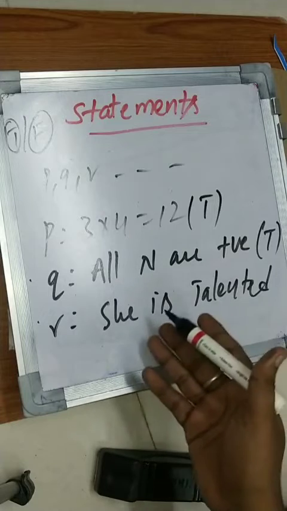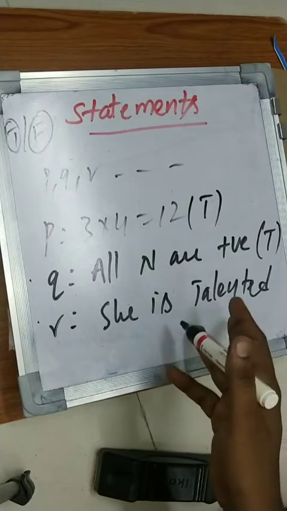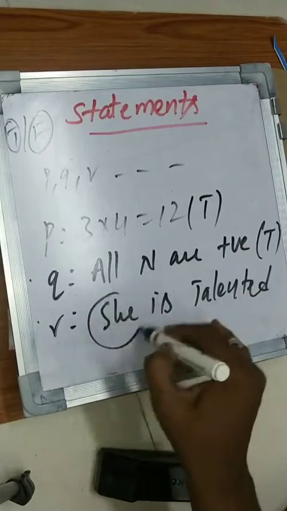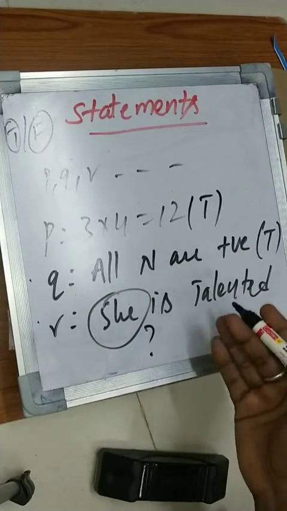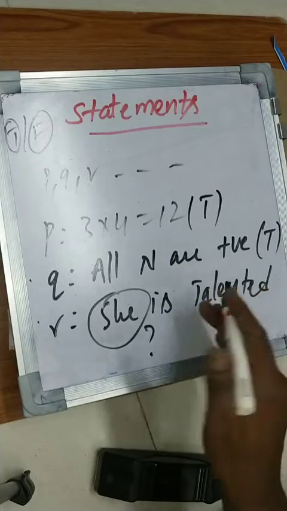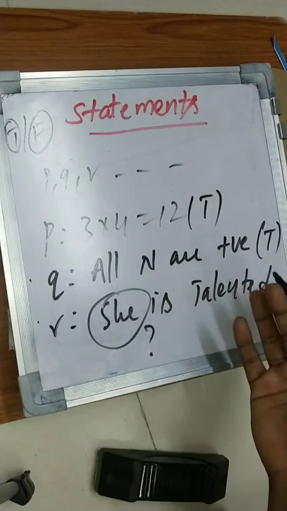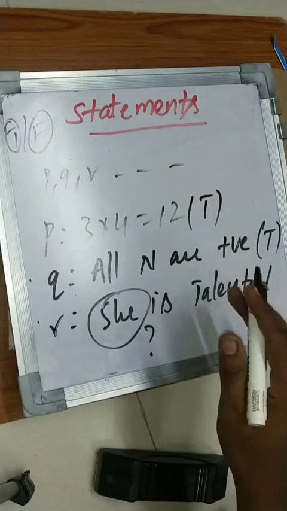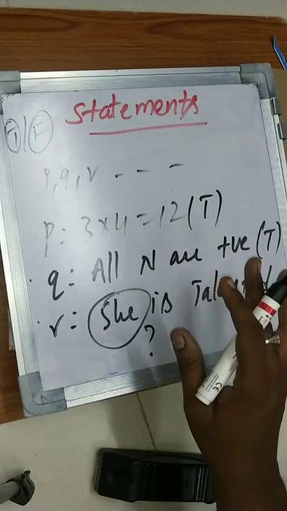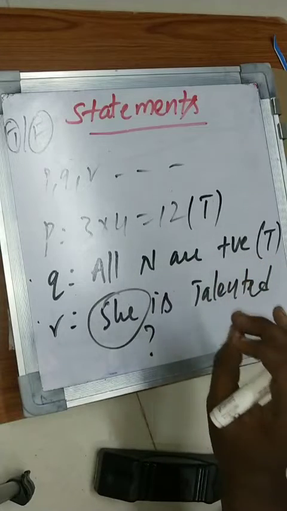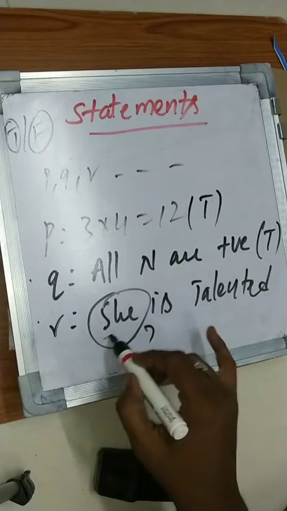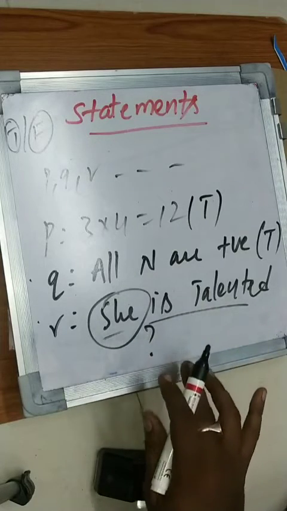We cannot say this is a statement. This is a simple sentence, because who is she, we don't have any clarity on this, right? A statement should be either true or false, it cannot be both, and there should be some clarity. Sentences like this cannot be considered as statements.